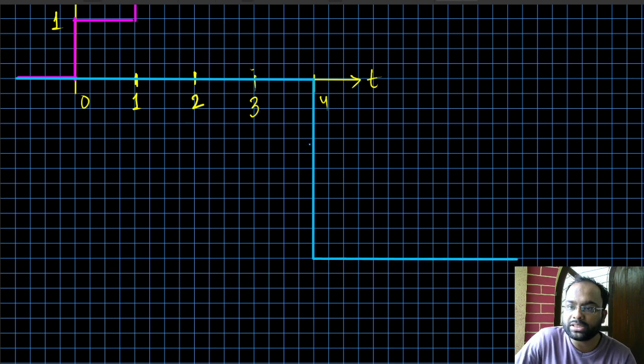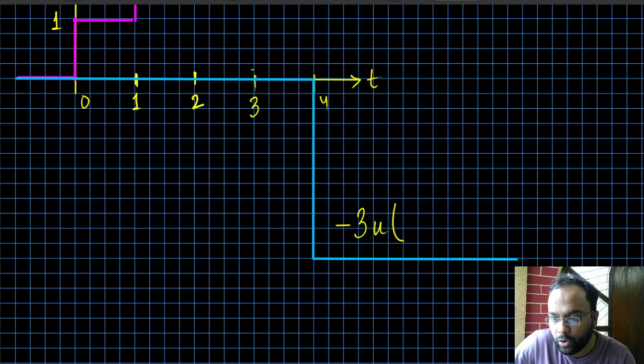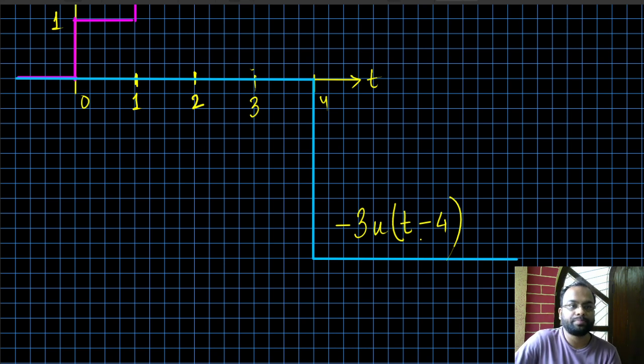Right. So this is the signal minus 3u(t-4), the one in cyan color. This is a signal that goes from a value of 0 to a value of minus 3 at t equal to 4, right?